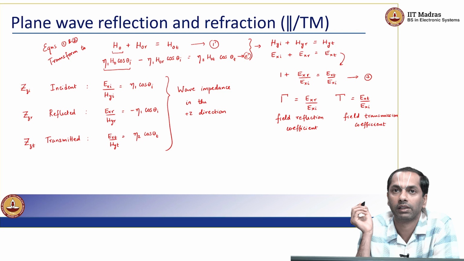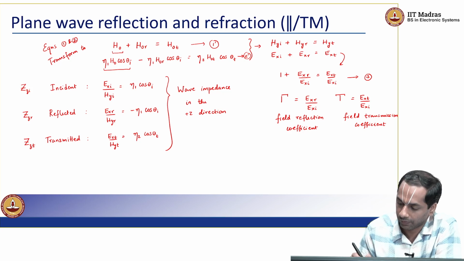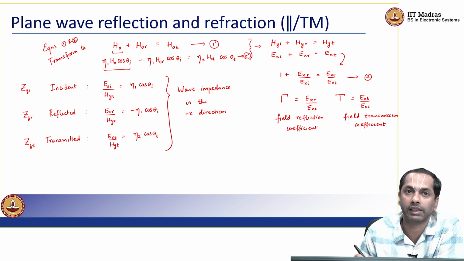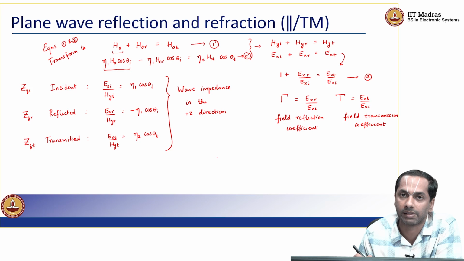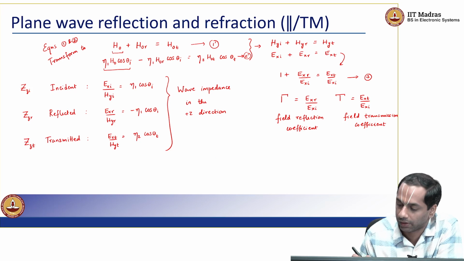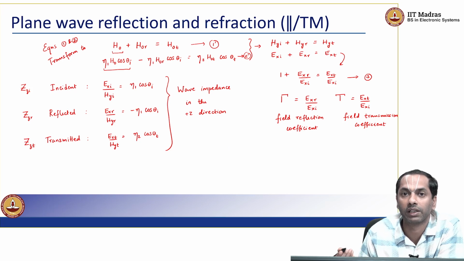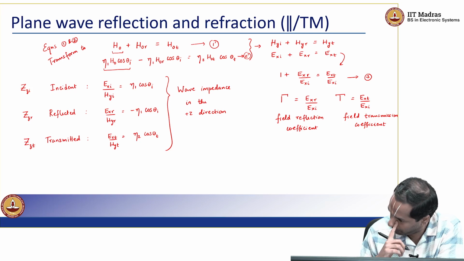And I am going to write 1 prime in terms of these Exi, Exr and Ext. Rather than using the magnetic field vector, I am trying to use the electric fields because I define my reflection coefficients in terms of the electric field intensities.